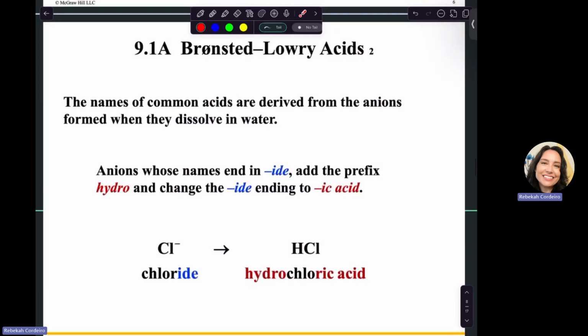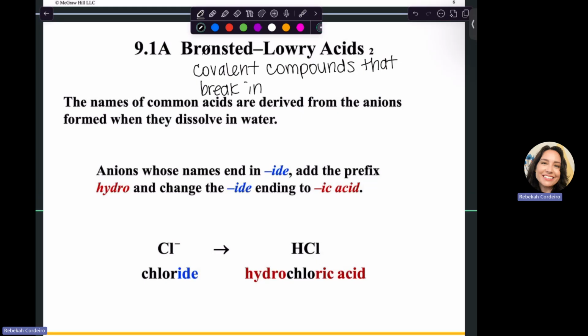When we're naming acids, we name them special. So acids are actually covalent compounds. They're all Lewis structures and they're sharing electrons, but they break into ions in water.